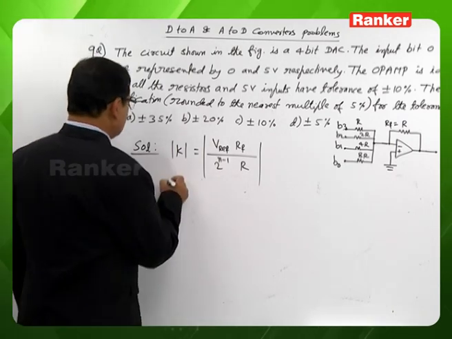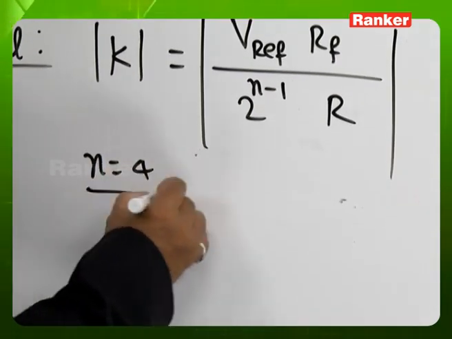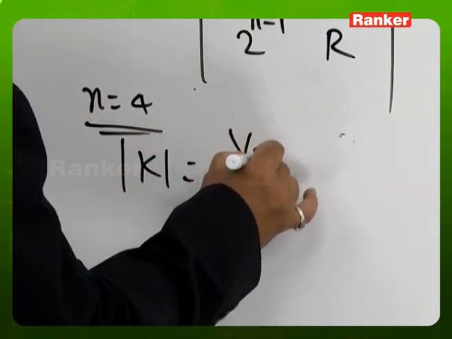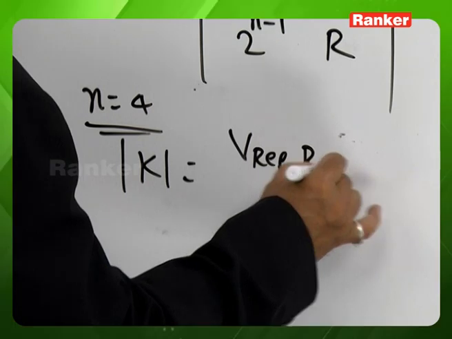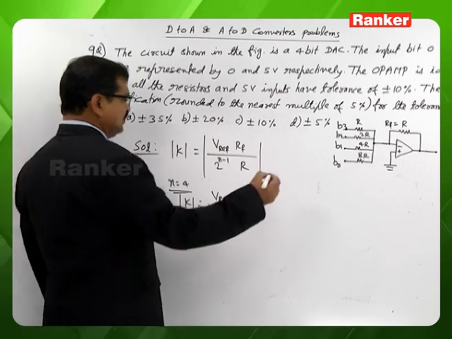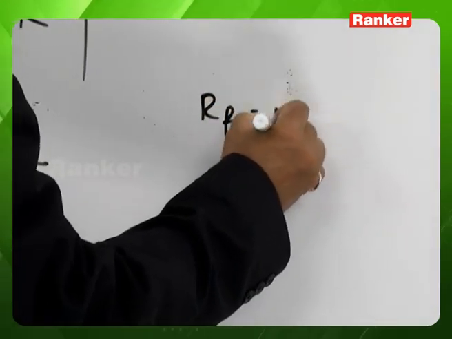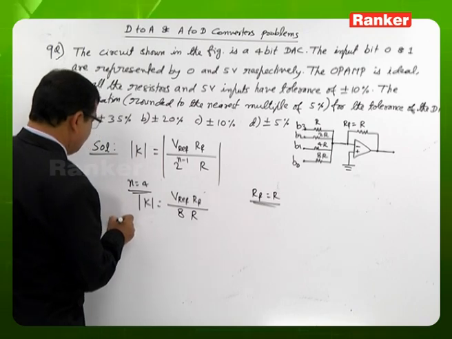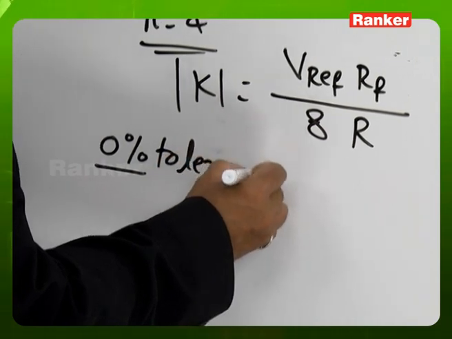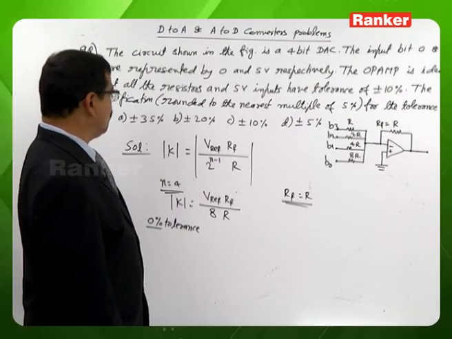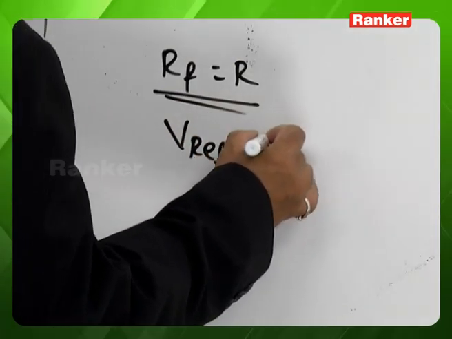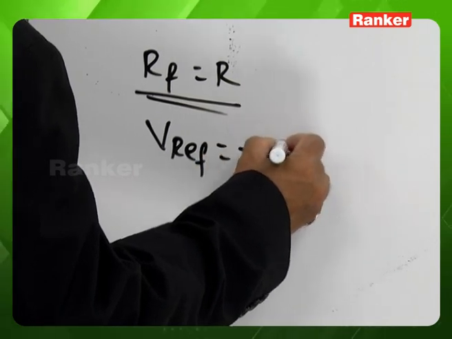So, here in our question n is 4, hence you can write K as V reference into RF divided by 8 into R. We know here RF is R. If we are having 0% tolerance, it means the resistors are with exact value, the supply voltage of 5 volts is also exact, and V reference is plus 5 volts.